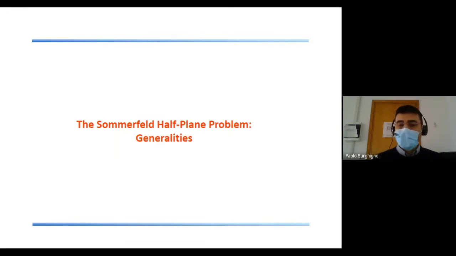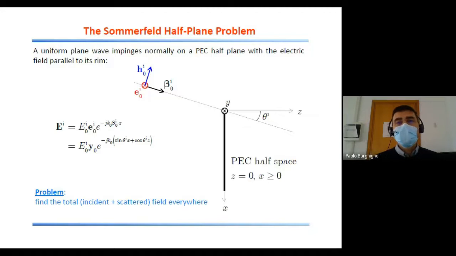What is that? This is a sketch of the electromagnetic configuration. We have a uniform plane wave that impinges normally on a perfectly conducting half plane, that is a half plane which is an idealization of a very thin conductor.